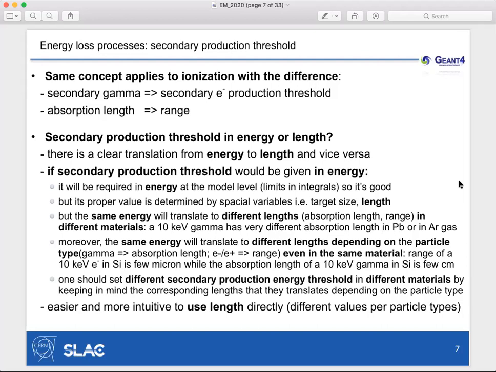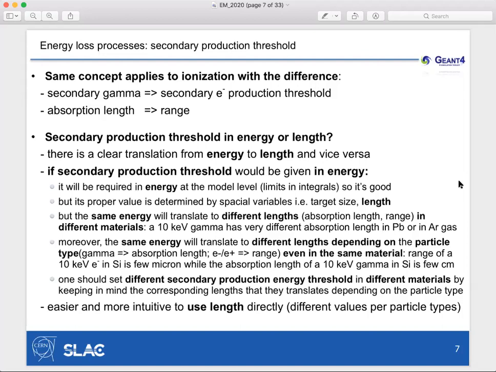And if you choose one energy, then it will translate to different length, different absorption length or range in different materials. So actually, in each material, you should choose a different production threshold in order to keep the same length. So if you have two volumes with exactly the same size, but one is a light material and the other one is a heavy material, then you should choose a drastically different secondary gamma production threshold in the two different volumes.